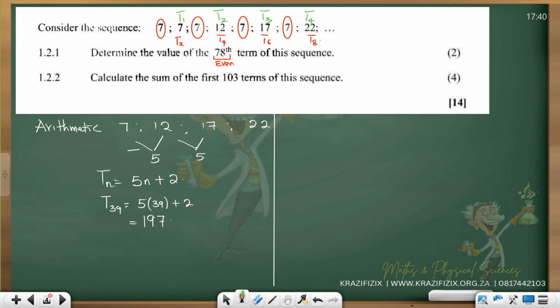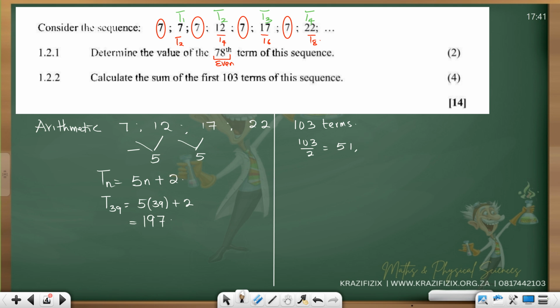Calculate the sum of the first 103 terms. Now, if I look at 103 terms, because it's a pair, let's divide it by 2. What would that be? 51, comma 5.